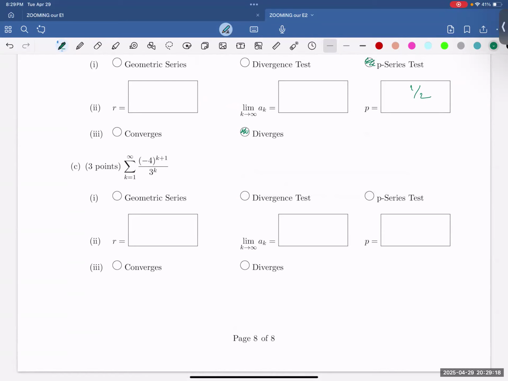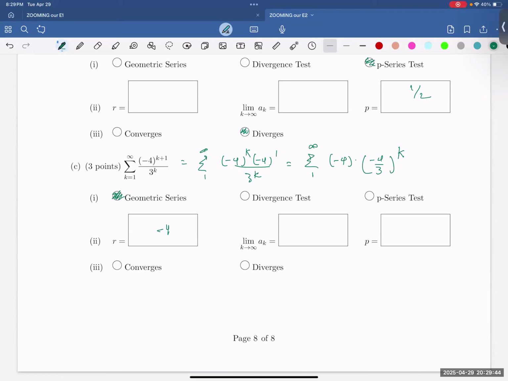This one, geometric. -4 to the k over 3 to the k, let's write it as -4 times (-4/3) to the k. All right, so this is geometric.